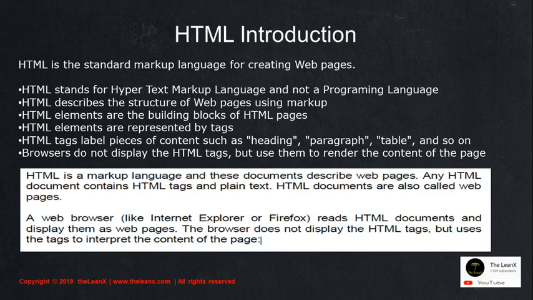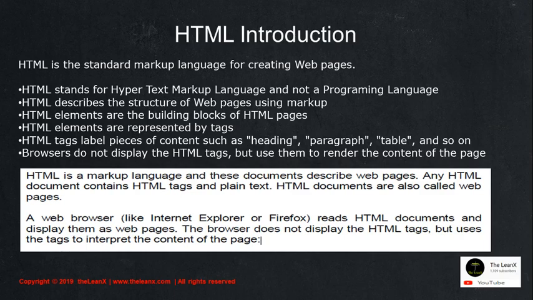When we talk about the version, HTML5 is the latest active version of the HTML language. Initially there was HTML 4.0, 4.1, and now it's HTML5, which is widely used. As we are seeing on the screen, now we know what HTML means.